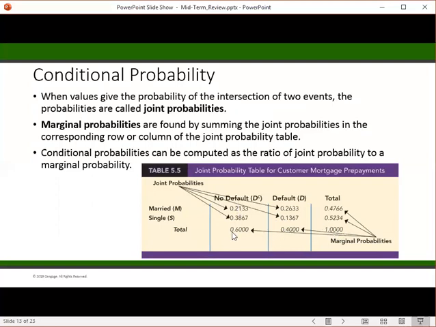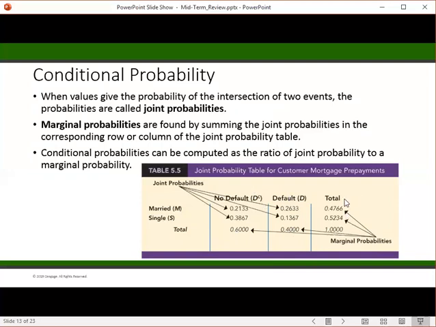What we see in the margins, well, the margin for no default is 60%. So 60% of the people do not default on their loans. 40% of the people do default. This is the column total for the default value.